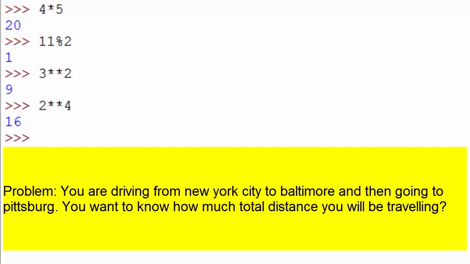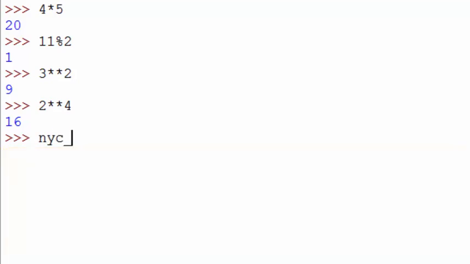So the way you do it is you first create a variable to store the distance from New York City to Baltimore. Let's say it is 188 miles. So I just created a variable and assigned the value 188 to it. Then you create another variable to store the distance between Baltimore and Pittsburgh, and let's say this is 247 miles.